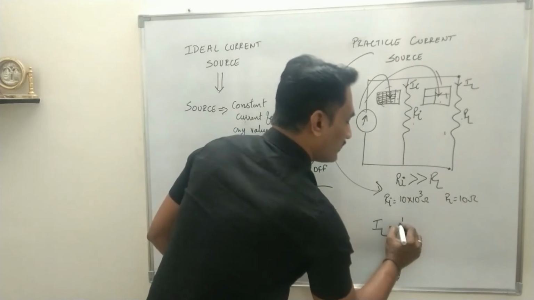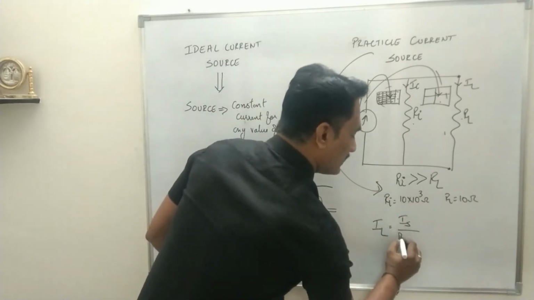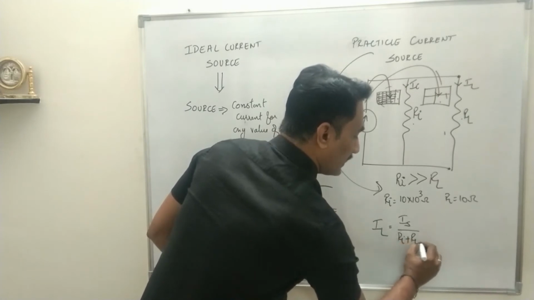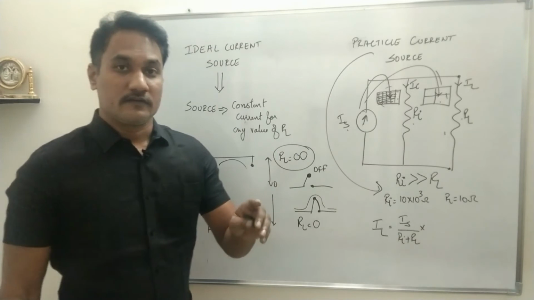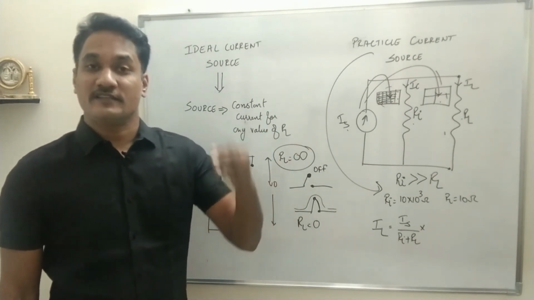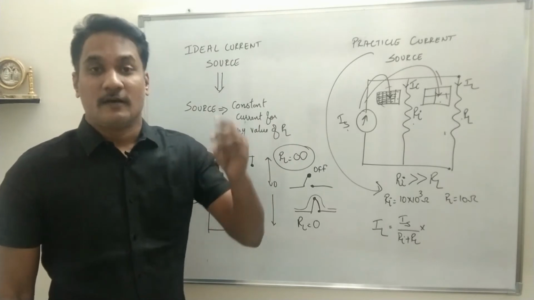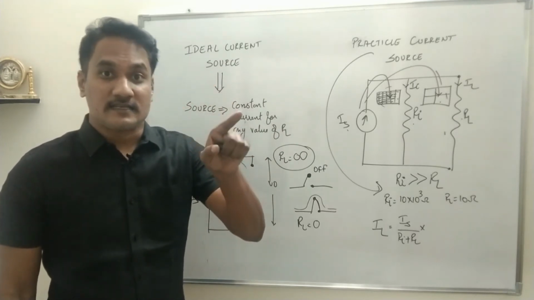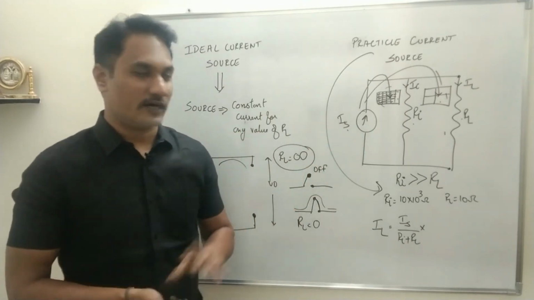the total current Is divided by the total resistance Ri plus RL multiplied by, in the current distribution law, the formula is total current divided by total resistance multiplied by the resistance across which the current is not flowing. I'll just explain what I mean.